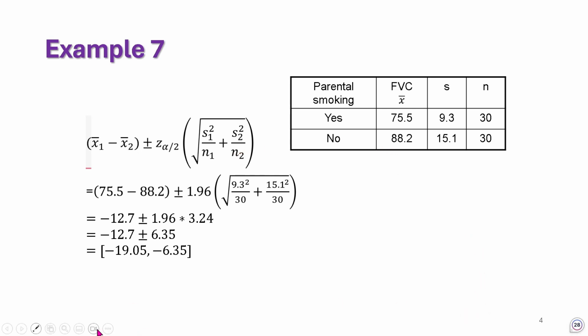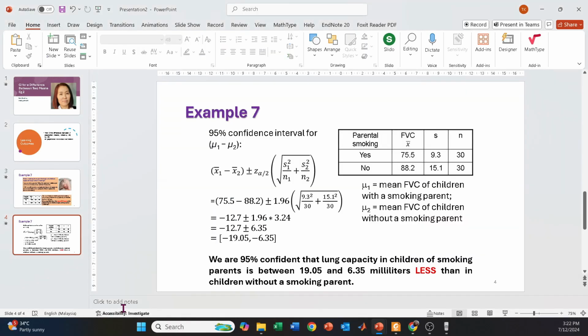Then we would like to show this in the calculator.